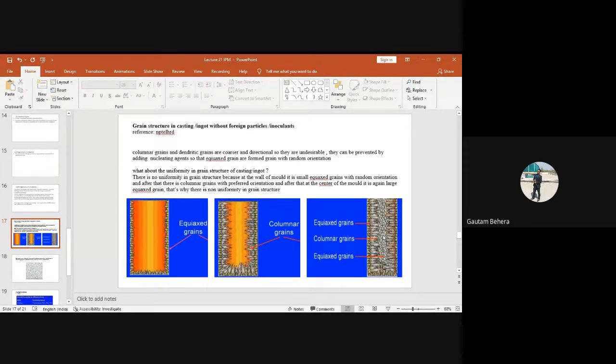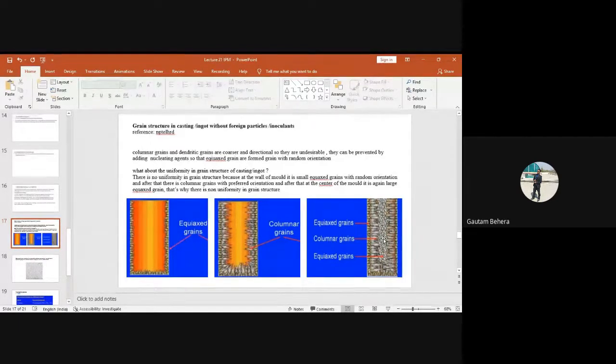Okay, can you people tell me what is the direction of heat rejection? Heat rejection means heat will be rejected so that the temperature can be lowered and solidification will start.